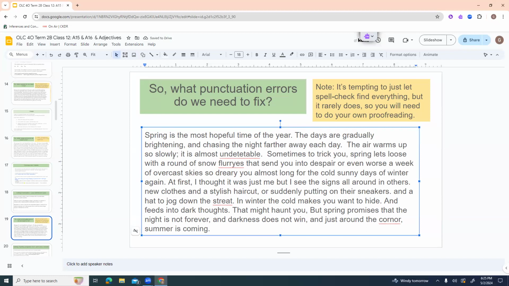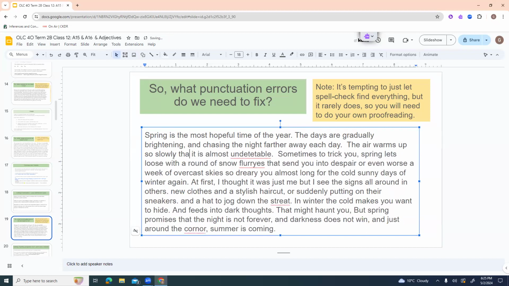I can separate them with a semicolon, or I could separate them with a comma and a conjunction. The air warms up so slowly. Ooh, I could also add the word "that" instead. That it is almost undetectable. And I'm going to fix "undetectable" because it's also been driving me crazy a little bit. There we go.